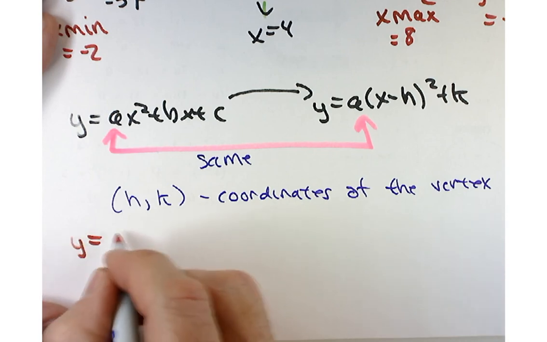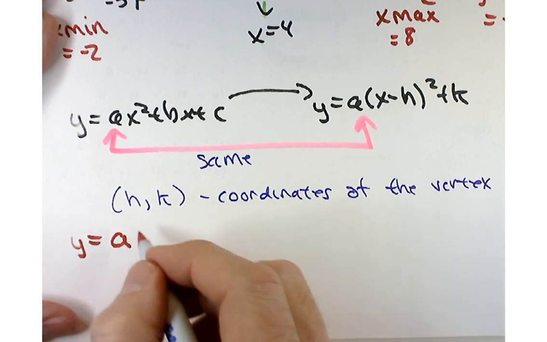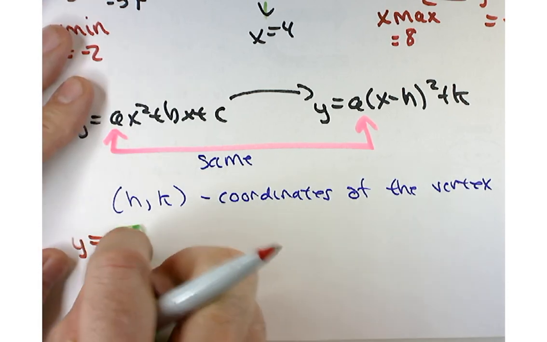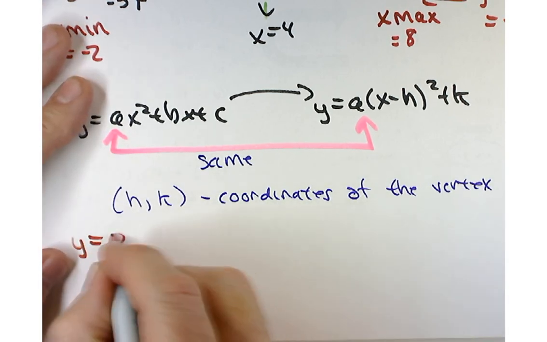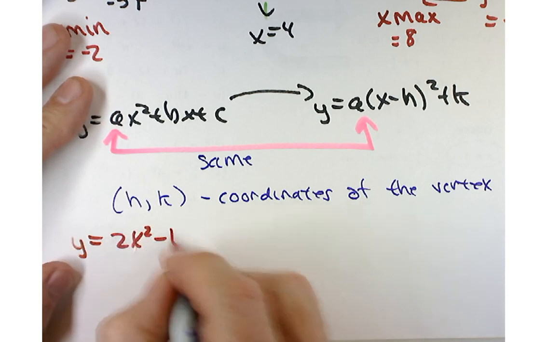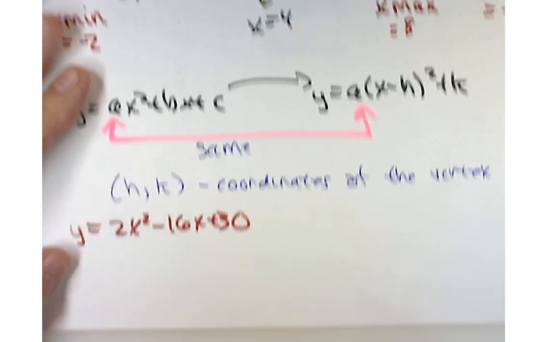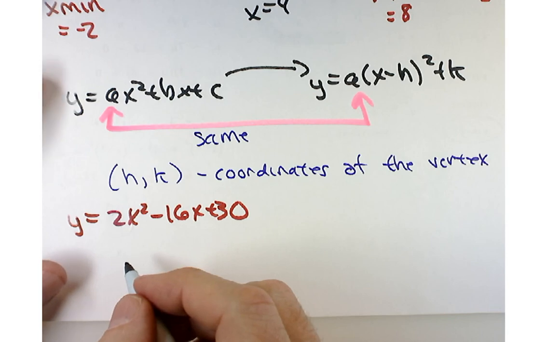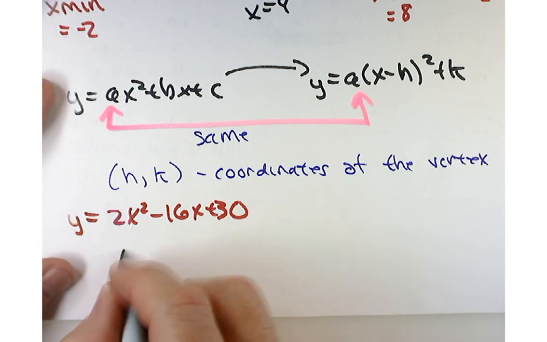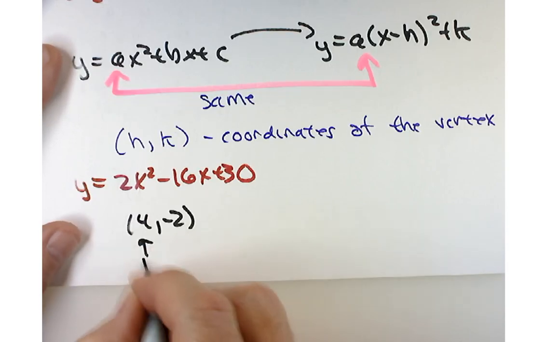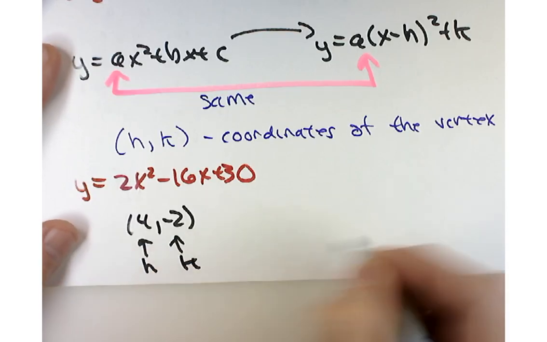So let's look back at our equation. y equals 2 times x squared minus 16x plus 30. If I can look at my graph and figure out that the coordinates of the vertex are 4, -2, that's my h, that's my k.